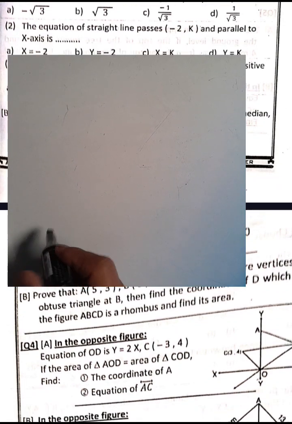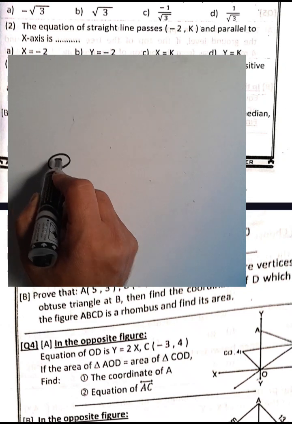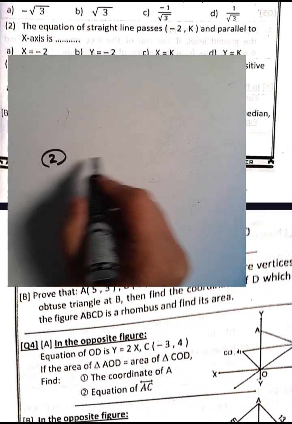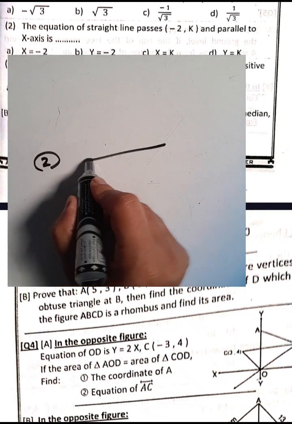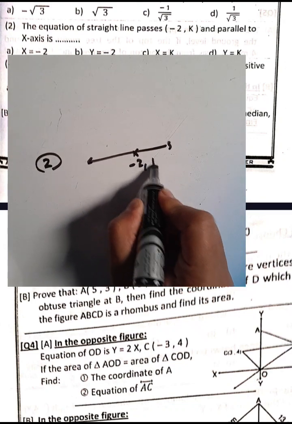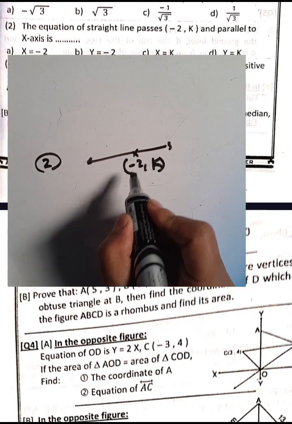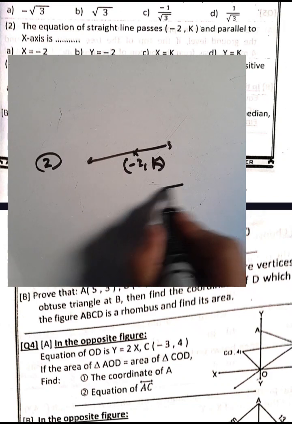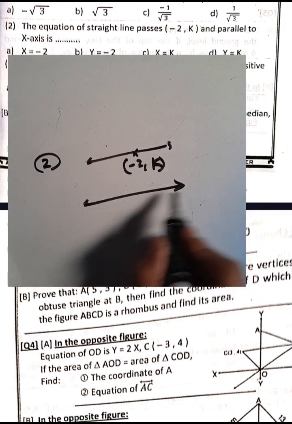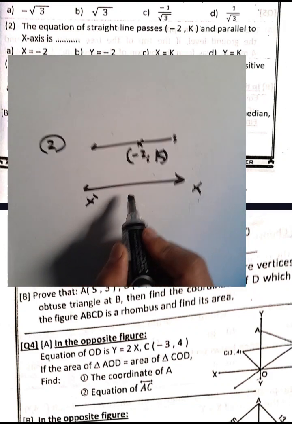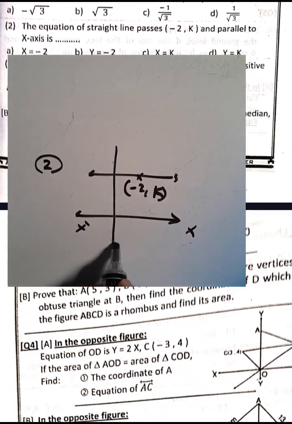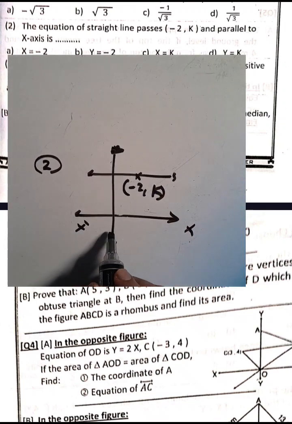Question number 2. The equation of the straight line passing through the point (-2, k) and parallel to the x-axis. Parallel to the x-axis means the slope of this line will be 0.